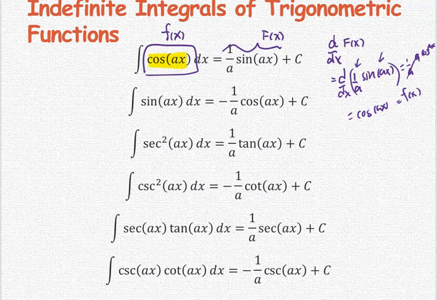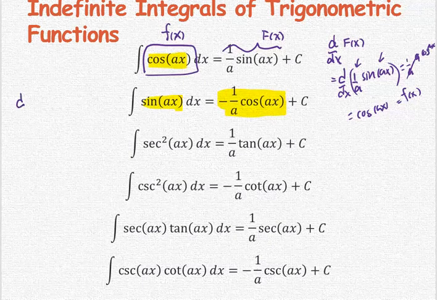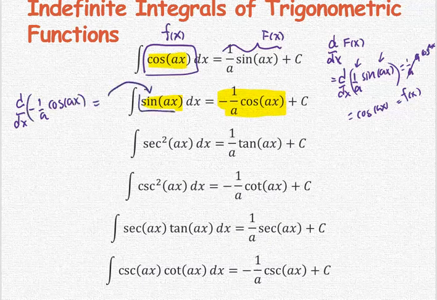And the same concept applies to the rest of the formulas. The integral of sine ax with respect to x is negative 1 over a cosine ax plus c, because the derivative of negative 1 over a times cosine ax is sine of ax.